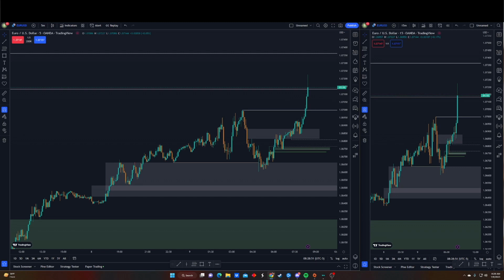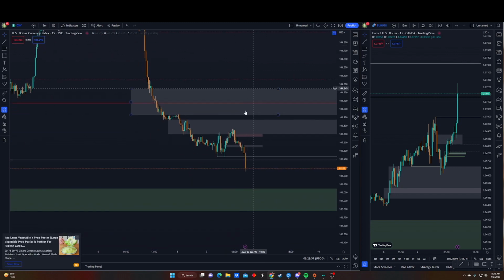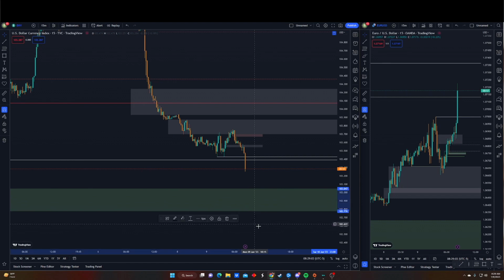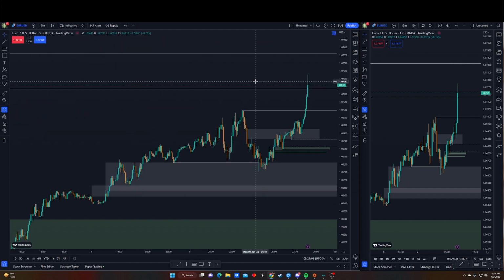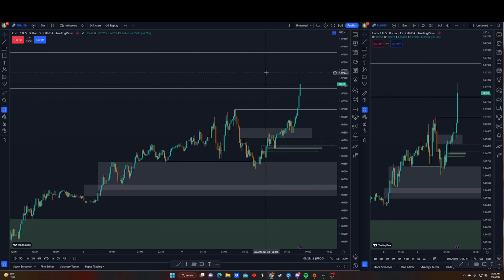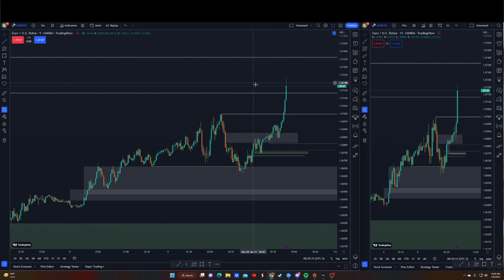Where are we at on dollar? We're headed for that value gap I marked out earlier. Euro is running. Oh my god.